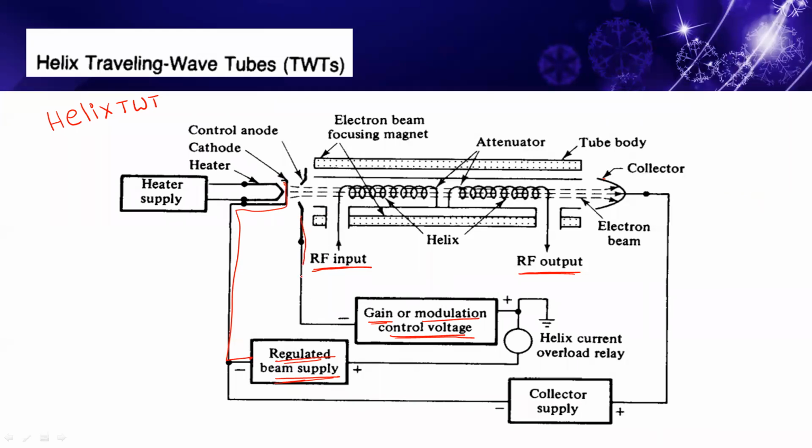The anode is connected to the negative pin of the gain or modulation control voltage. Clear? The positive terminal is connected to the ground. Similarly, the positive of the regulated power supply is connected to the helix current overload relay.